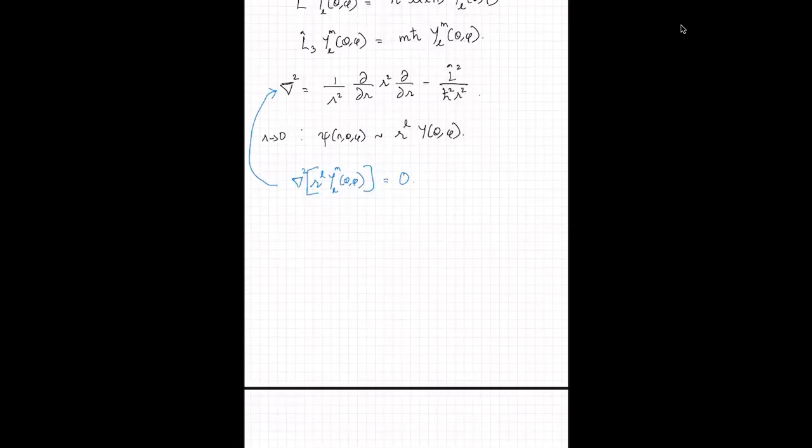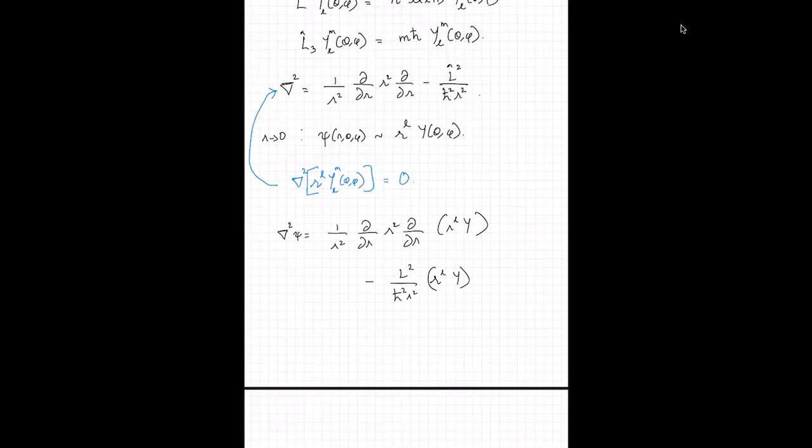I'll show you just the first step. Remember that del square psi would now be equal to 1 over r square d/dr of r square d/dr of r to the L Y, minus L square over h bar square r to the L Y.